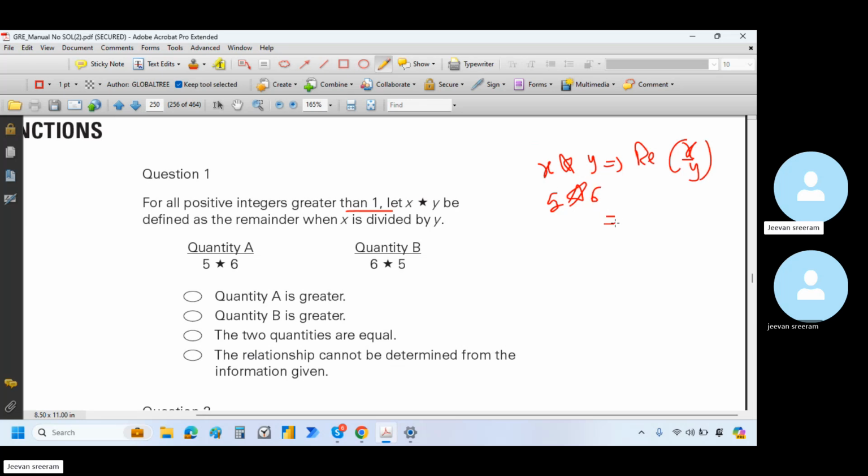We got 5 by 6. Remainder of 5 by 6. What's the remainder of 5 by 6? 6 fives are 0, so the remainder is 5. Quantity A is 5. For this, 6 by 5 means the remainder is going to be 1. So A is greater. Right?